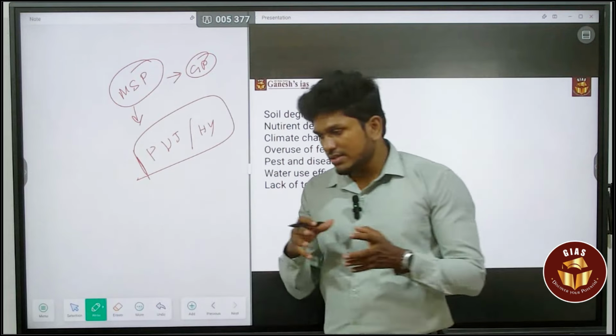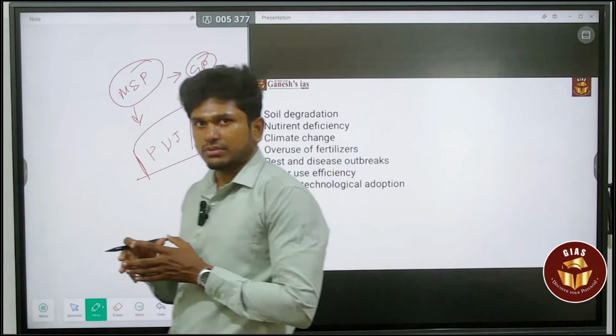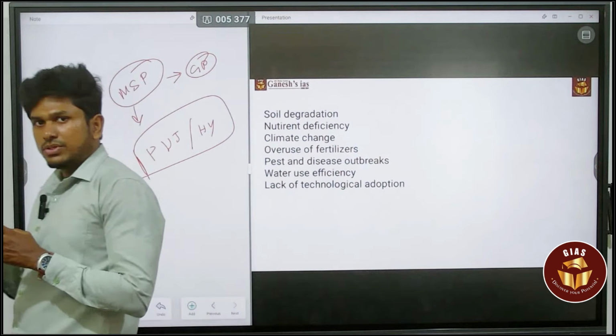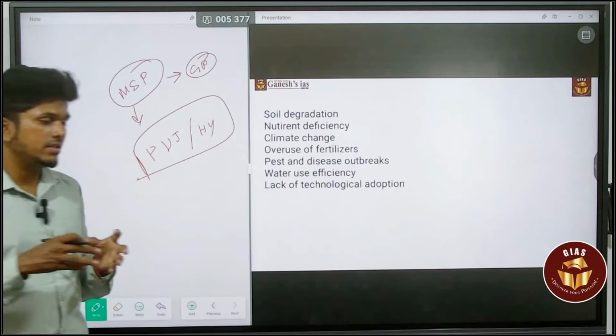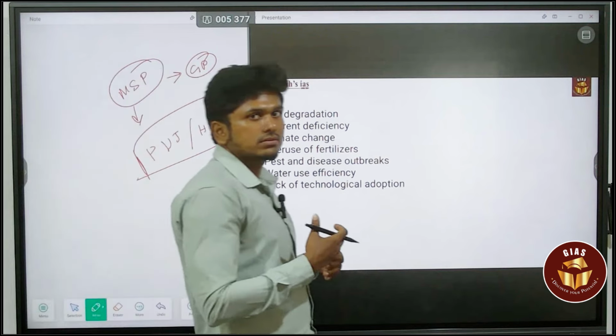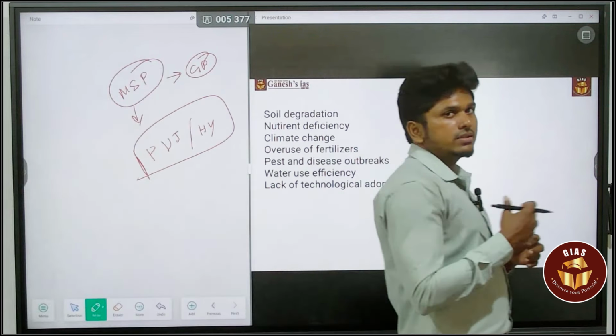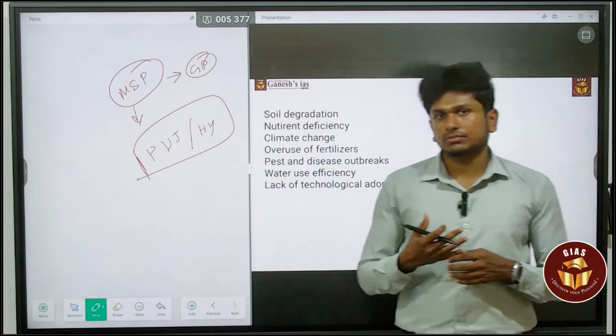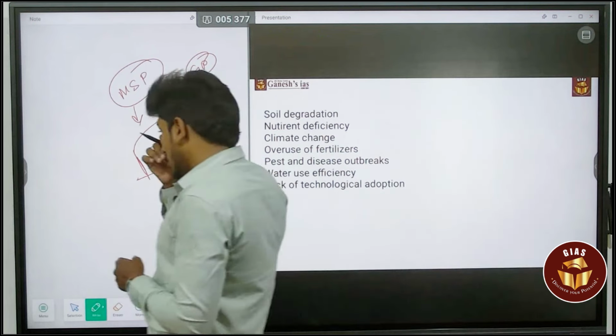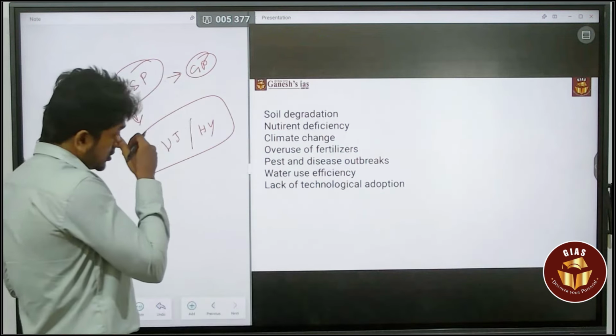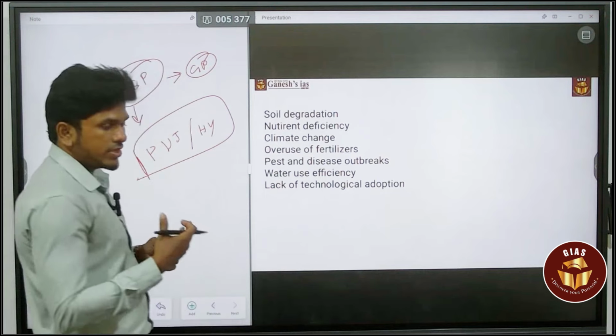See, all these things are the outcome of the Green Revolution. But the Green Revolution had certain negative aspects, that is the use of these fertilizers. That is the major concern when it comes to the Green Revolution. So there is soil degradation, nutrient deficiency, and also the issue of climate change.